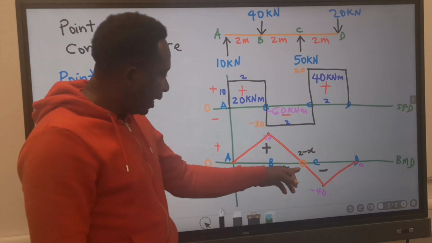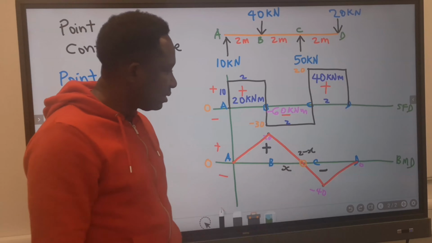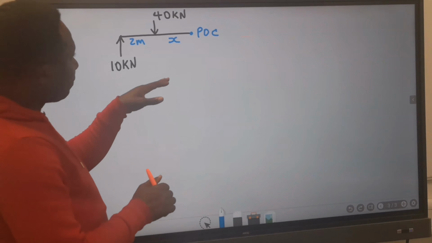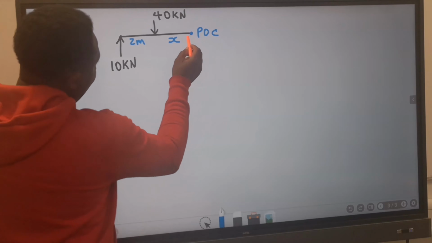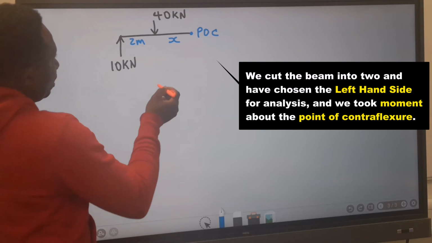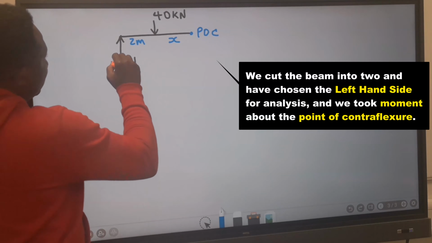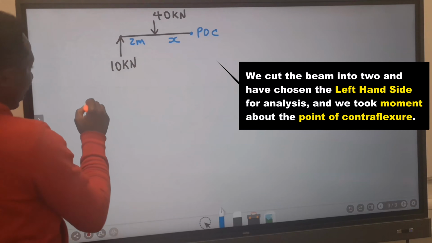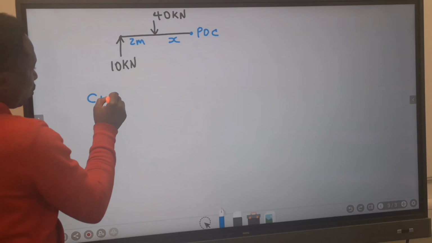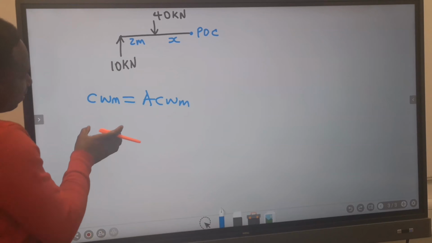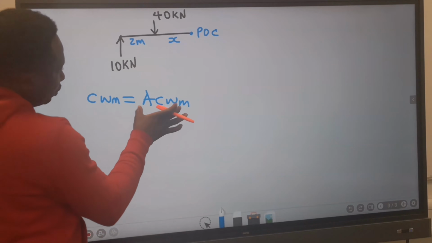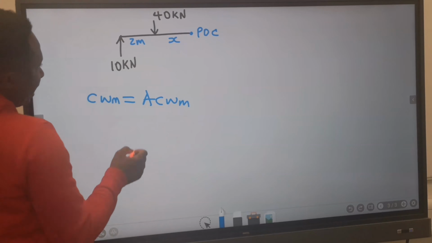How do we find this distance? To find the point of contraflexure, we are going to take moment about this point. If we take moment about this point, this is moving clockwise, because we are going to have that clockwise is equal to anti-clockwise moment.